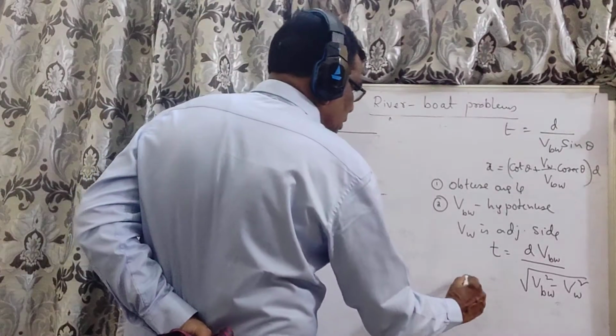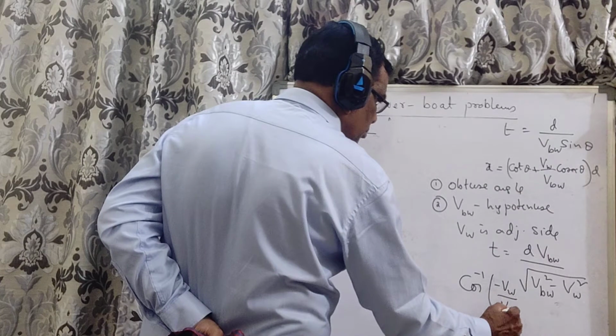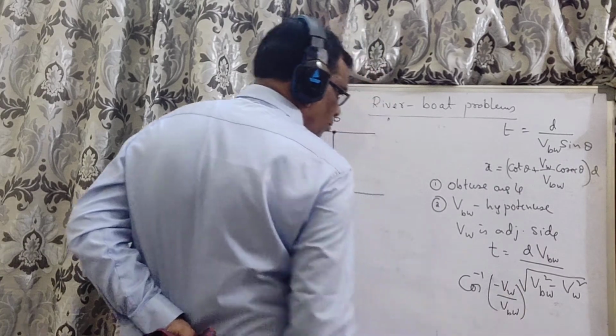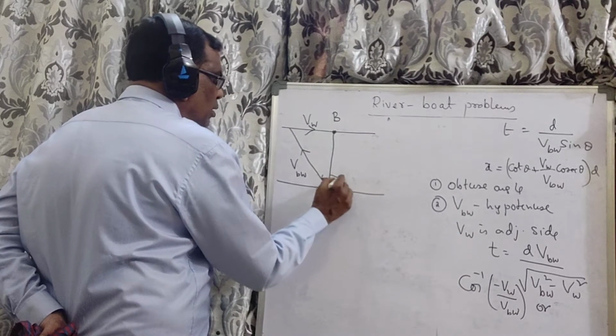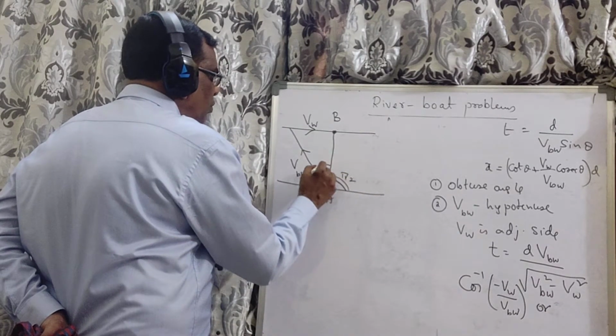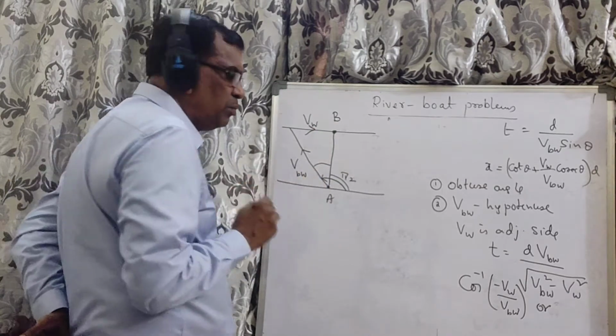Your answer must be cos inverse of minus VW by VBW, or you can do, this is pi by 2 and find out this angle. Sine inverse VW by VBW.